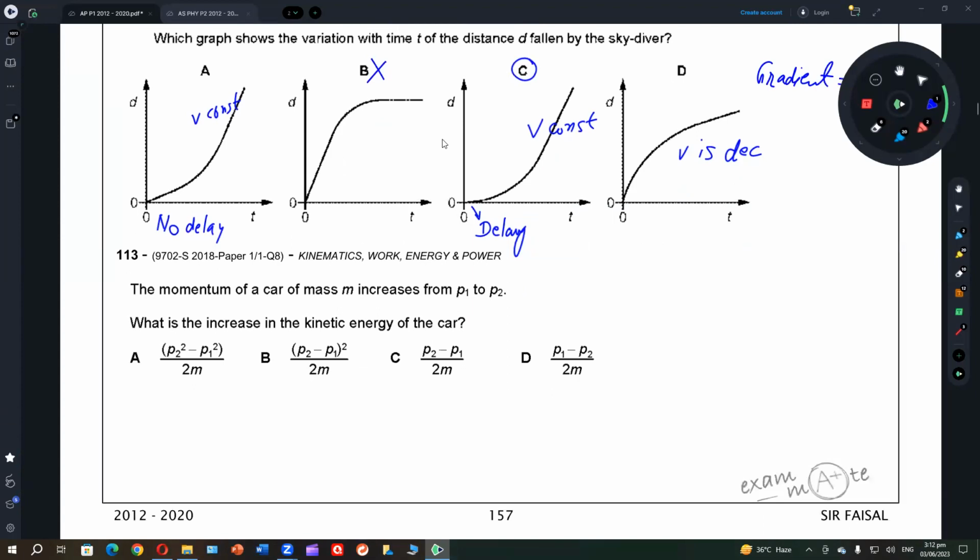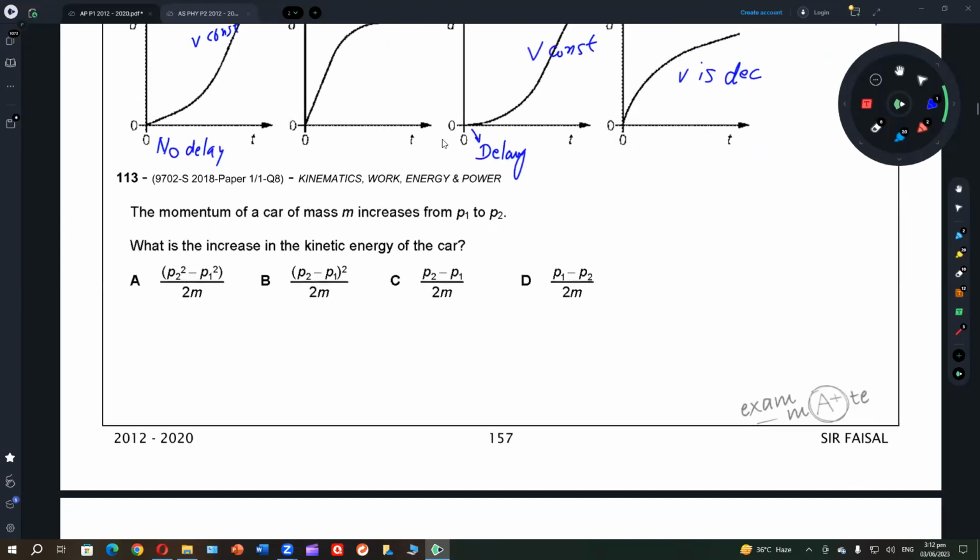The momentum of a car of mass m increases from P1 to P2. What is the increase in the kinetic energy of the car? I have re-derived this formula.